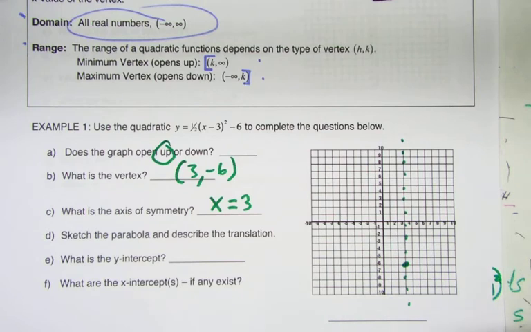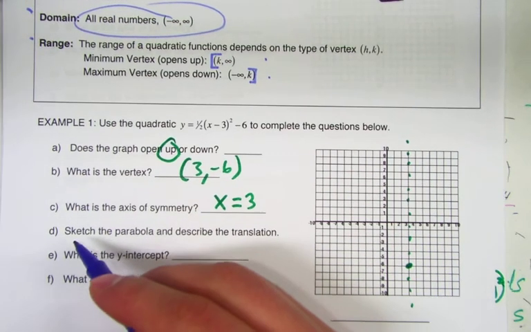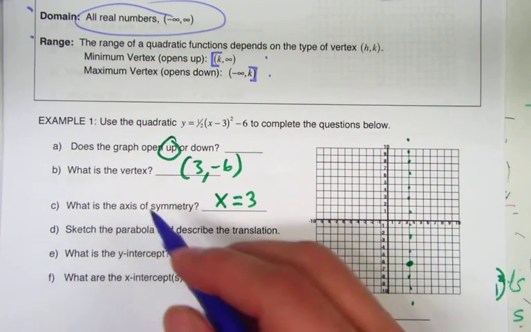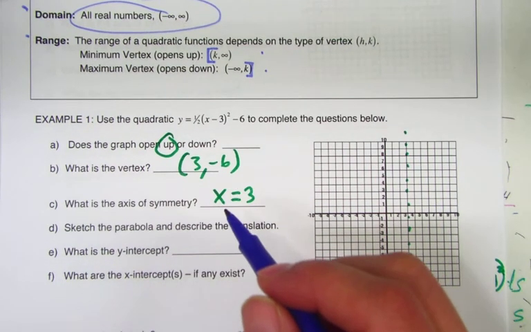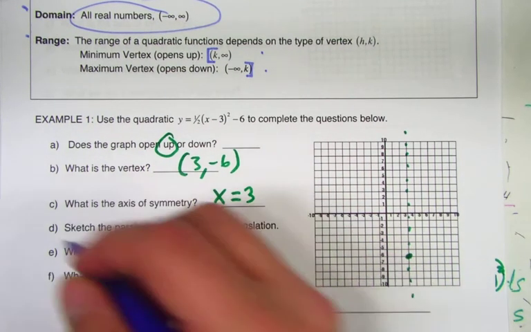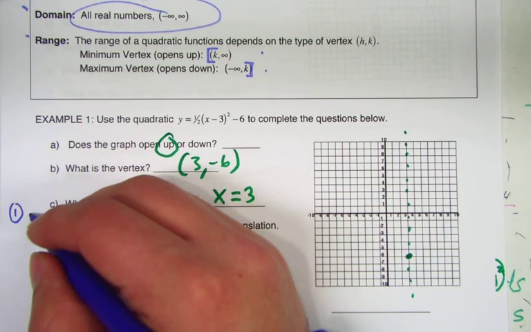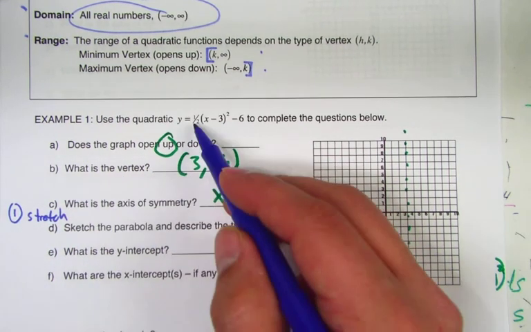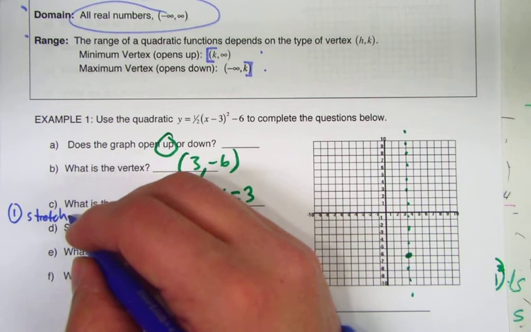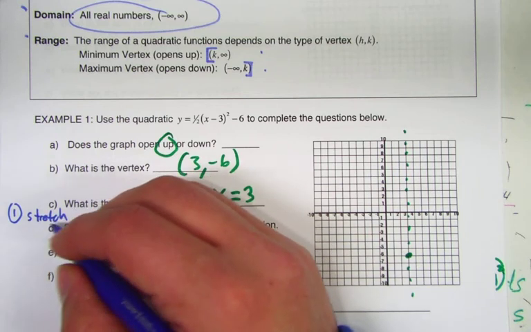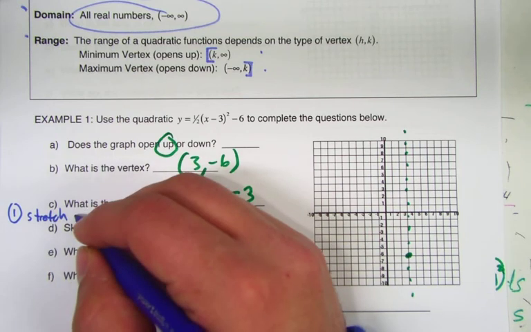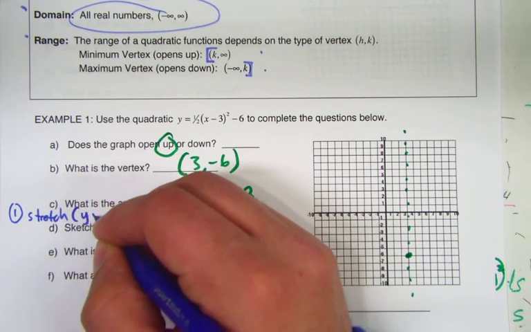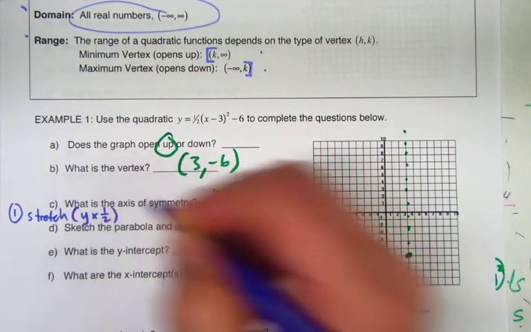And now I'm going to sketch the parabola using the rules and transformations that we learned last unit. So first, there's a stretch. Since there's a 1/2 in front of the function, or I guess this would be a shrink, but essentially it's going to be the y values all times 1/2.